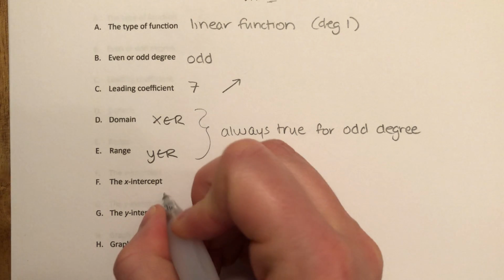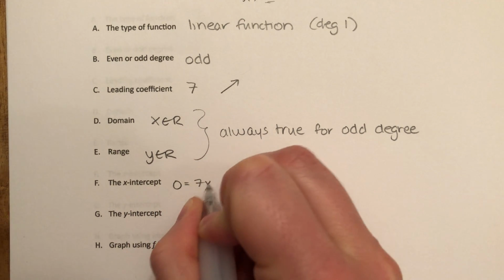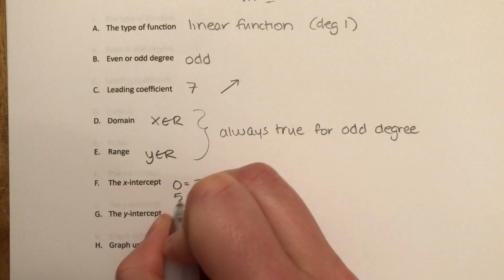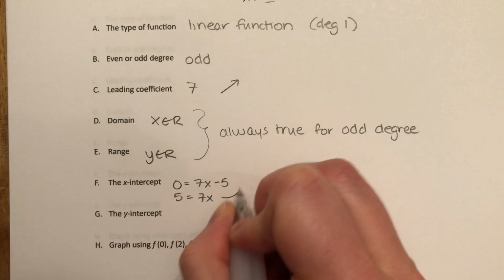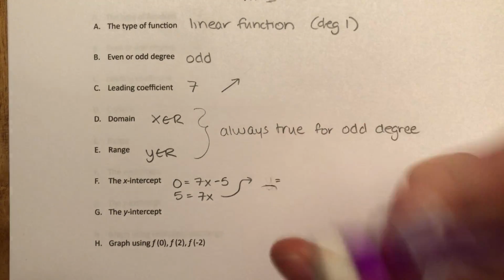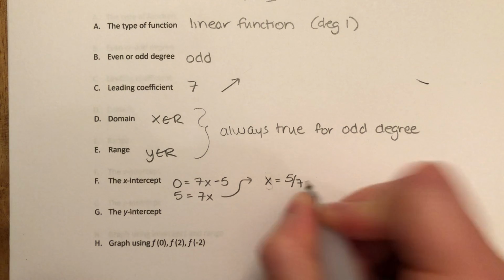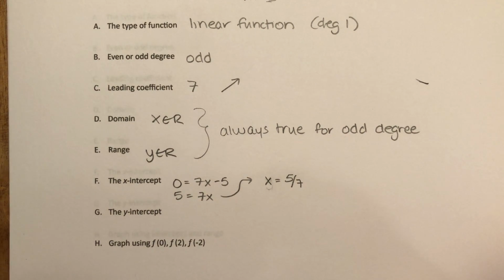The x-intercept happens when y is equal to 0, so 7x minus 5 equals 0. So then if I add 5 to both sides, I'm going to get x is equal to 5/7. And if you did that graphically, that would also be okay.